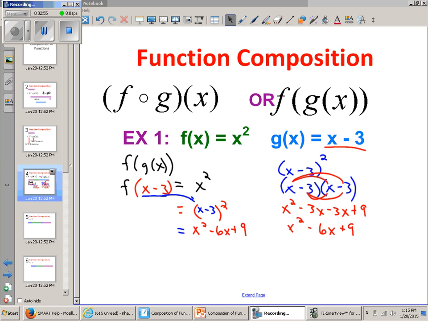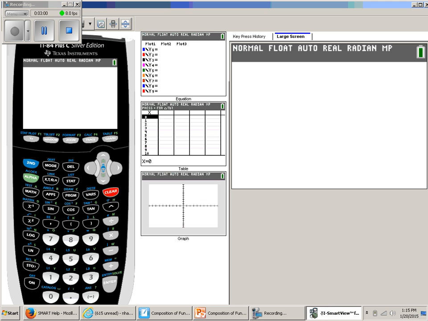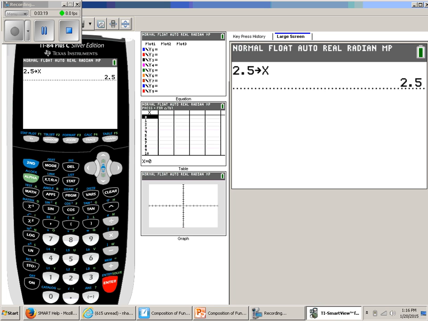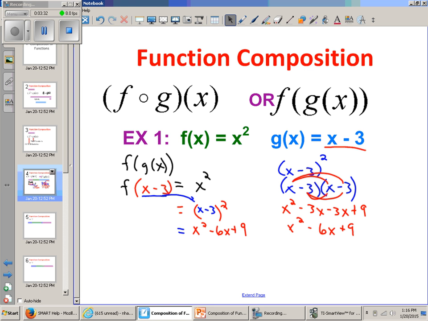So now let's check this and make sure we have got this correct. So I'm going to go to my calculator and let's store a number for x. And I want to type in my answer, which for us is x squared minus 6x plus 9. Okay. And now I'm going to put in my problem. Notice here I have two problems.